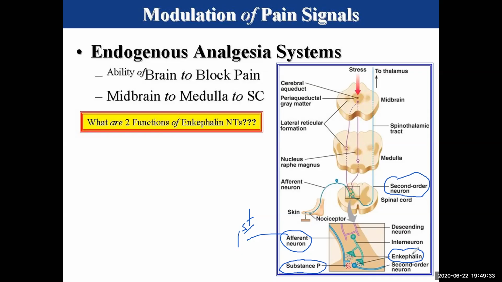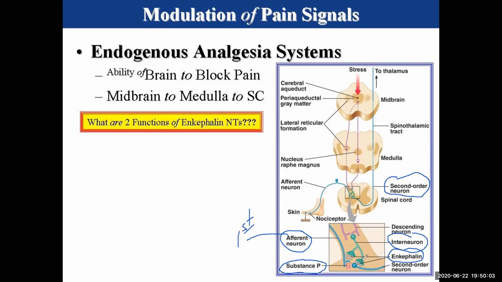So enkephalin released by the interneuron has two functions. Function number one, it inhibits the first order neuron from releasing substance P. And function number two, it induces generation of IPSPs on the cell body of the second order neuron. Right? In both cases, less substance P, less formation of EPSPs on the cell body of the second order neuron, less action potential being fired.